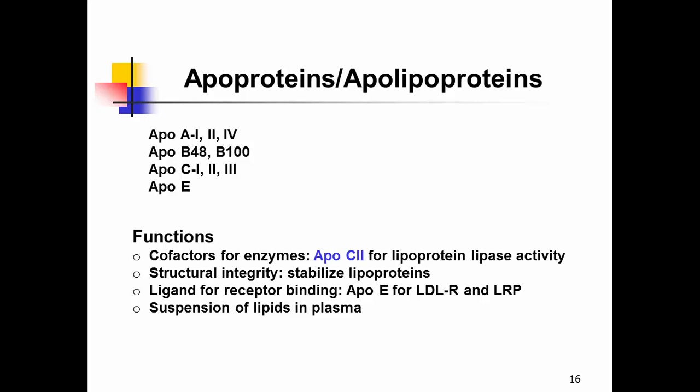We also mentioned the functions of apoproteins on the surface of lipoproteins. Mainly they help keep the structural integrity, stabilize lipoproteins, and help the suspension of lipids in the plasma.